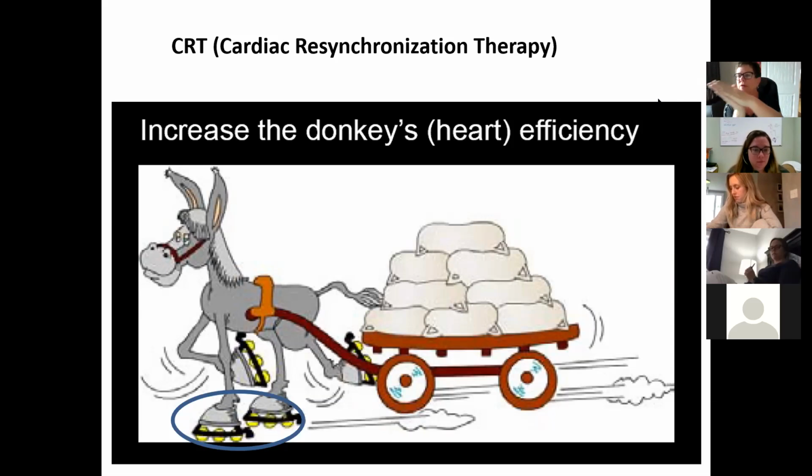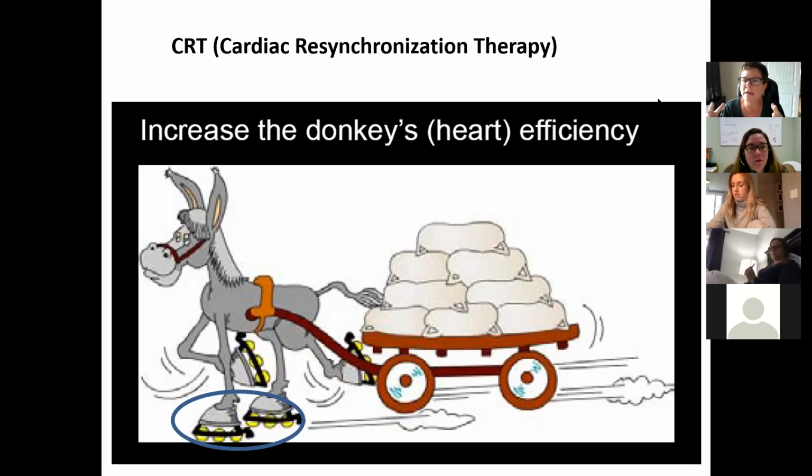And so your intraventricular septum swings back and forth. And what that does is it impinges upon your outflow tracts and decreases your cardiac output. So in typical or normal pacing, we stimulate the right ventricle first.